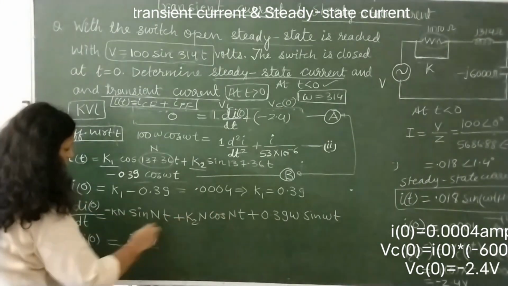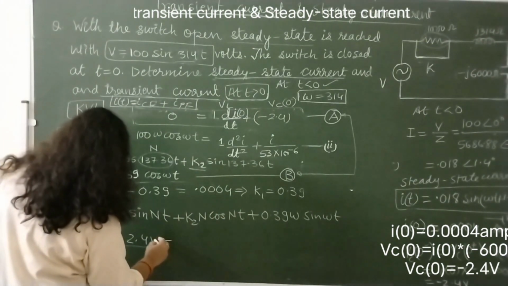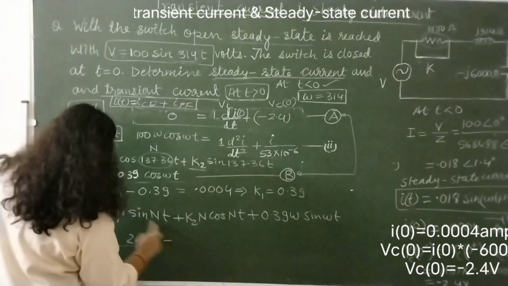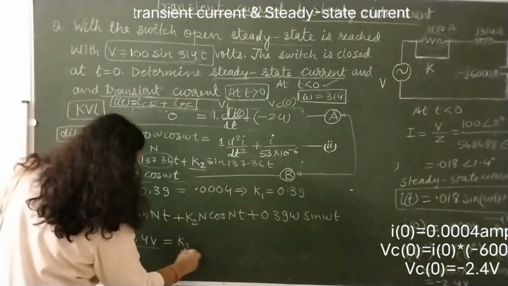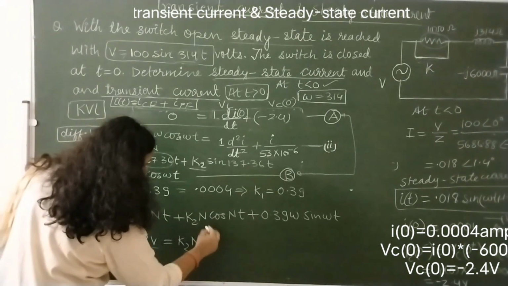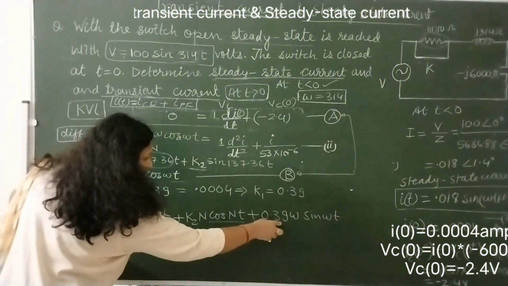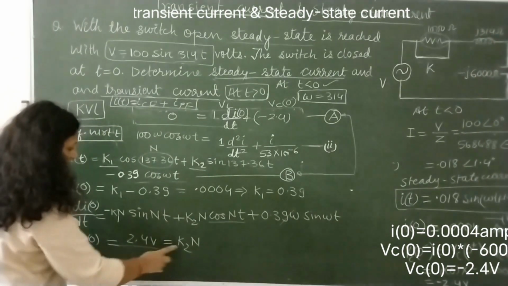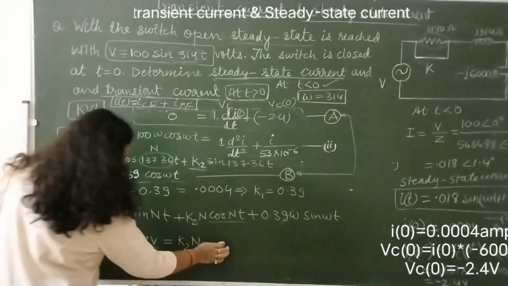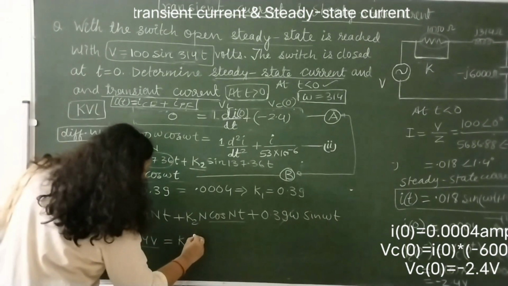Put t is equals to 0 in this whole equation. We will get, this is k1, this sine 0 will become 0, is equals to k2, this is n, cos 0 is 1, this is again 0, because of sine 0. So this is the value we will get.